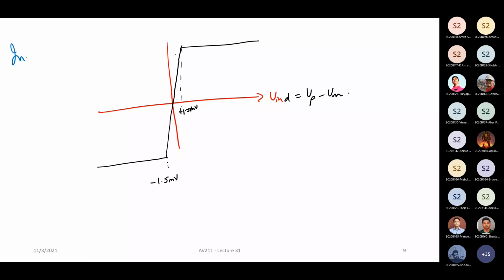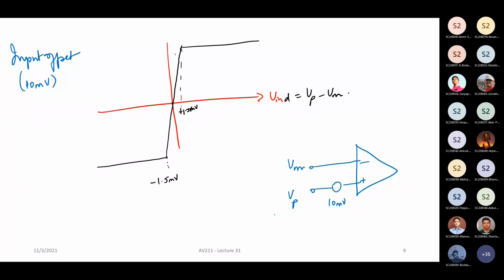So if you have input offset, let us say in this case it is plus 10 millivolt. Then Vout becomes AOL times Vp plus 10 millivolt minus Vm.